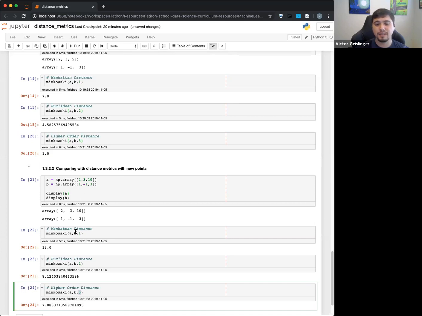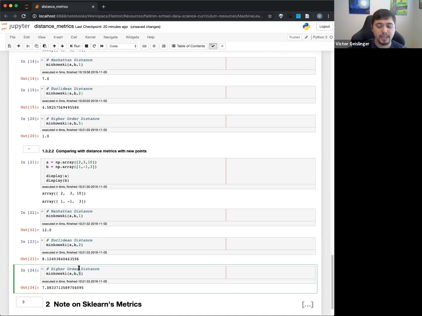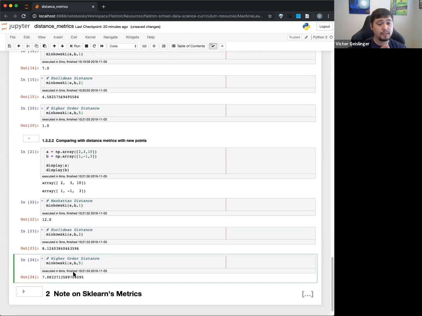Essentially, it's emphasizing when something's really far apart: it raises that to a higher power, which emphasizes that it's even further apart. But then the root squeezes it back in. And it's supposed to represent, if you consider more dimensions, more degrees of freedom.